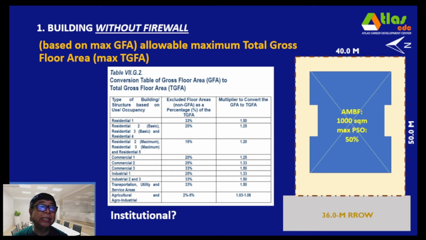If we are going to use the other table, 7.G.2, this is the conversion of the GFA to TGFA. The allowable maximum TGFA can be determined by multiplying whatever maximum GFA by the multiplier indicated in this table. But unfortunately, you will not see any institutional here, which means we don't have any conversion factor for institutional.